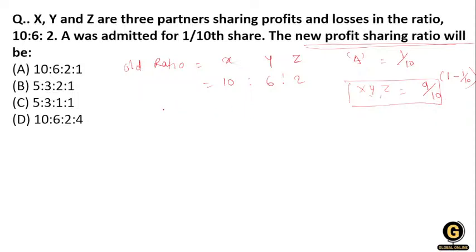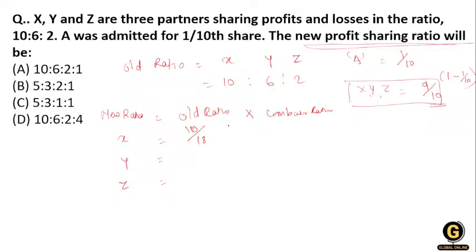So look over here, when we calculate the new ratio, what we need is the old ratio, and we have to multiply it with the combined ratio. So let's calculate X, Y, Z's. X's ratio is 10/18, because 10 plus 6 plus 2 is 18 and X's ratio is 10.